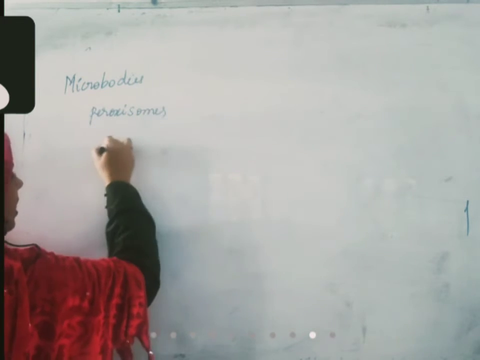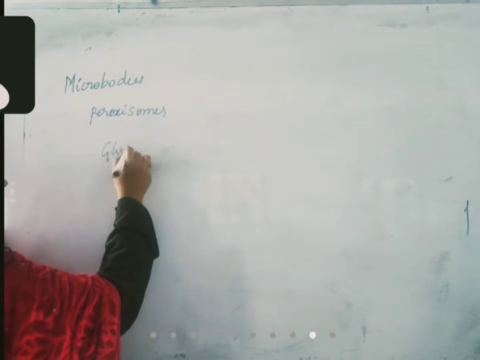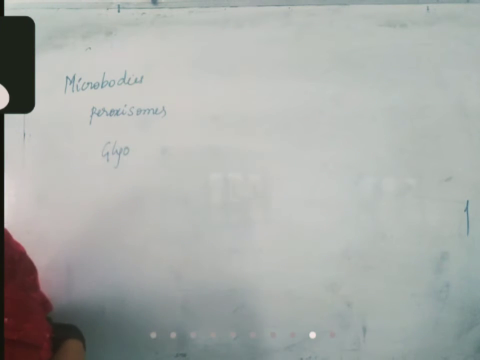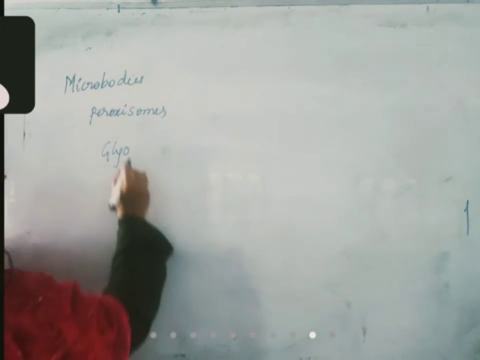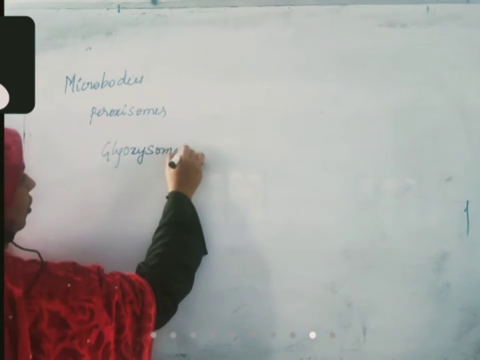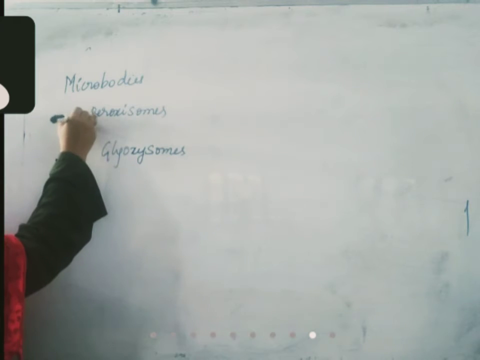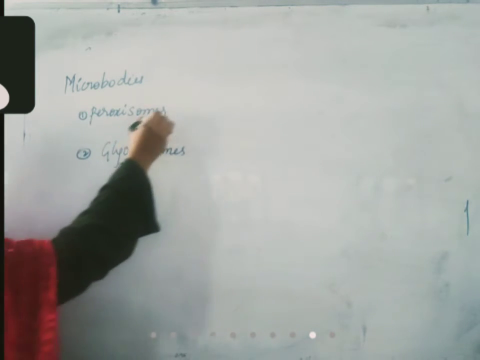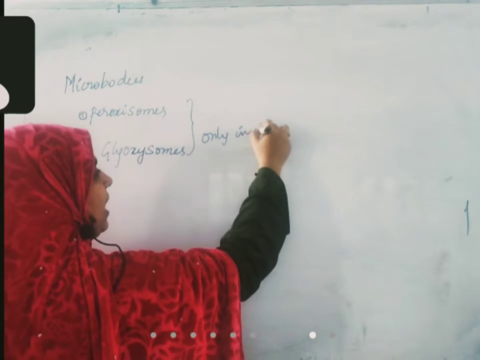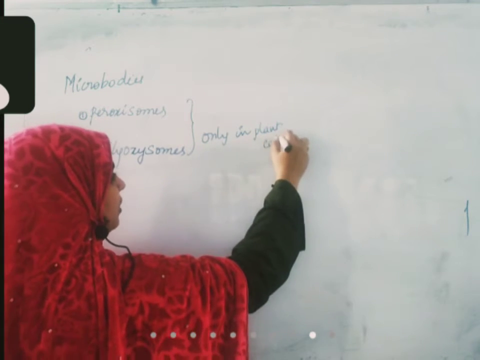Peroxisomes and glyoxysomes. Peroxisomes and glyoxysomes are called microbodies. They are present only in plant cells. Only in plant cells. What is their function?